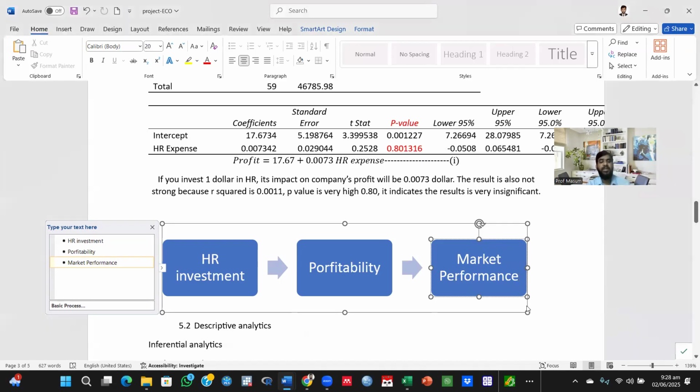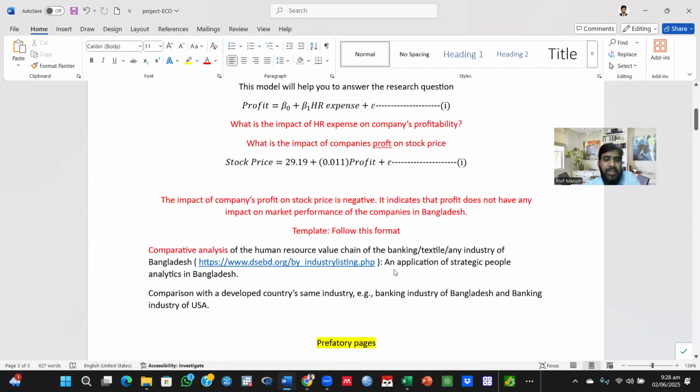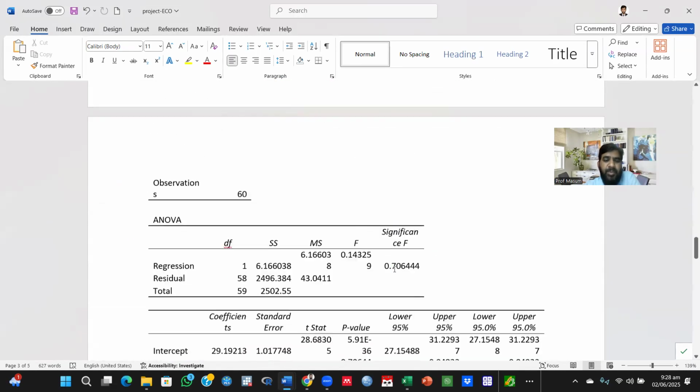So we have quantified this relationship here in our example. All right. So this is how you are going to explain your report.